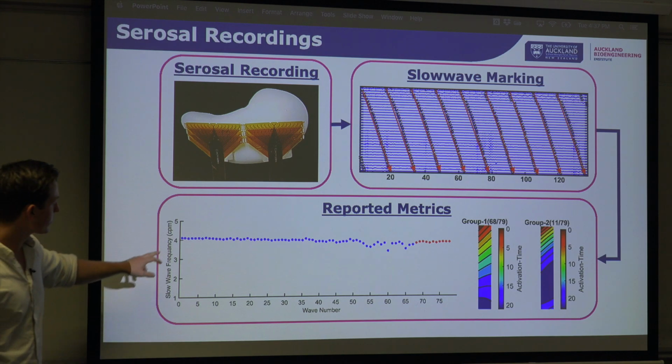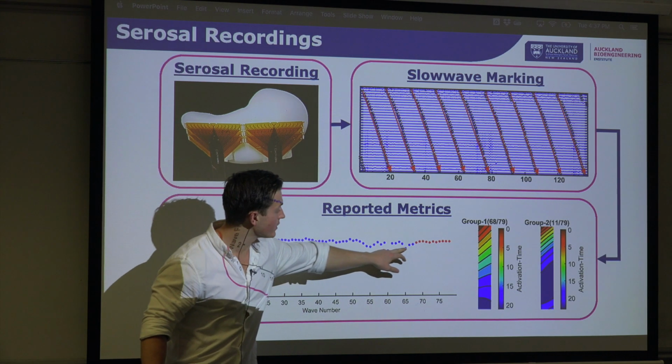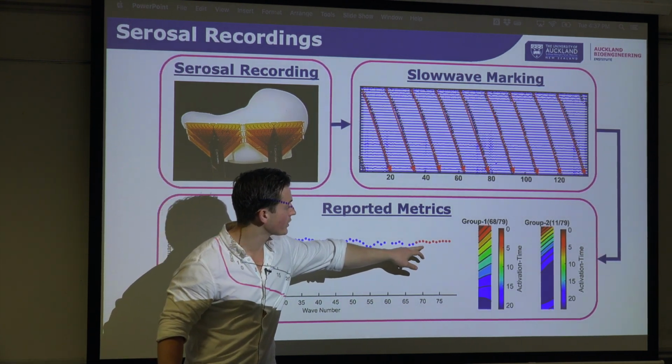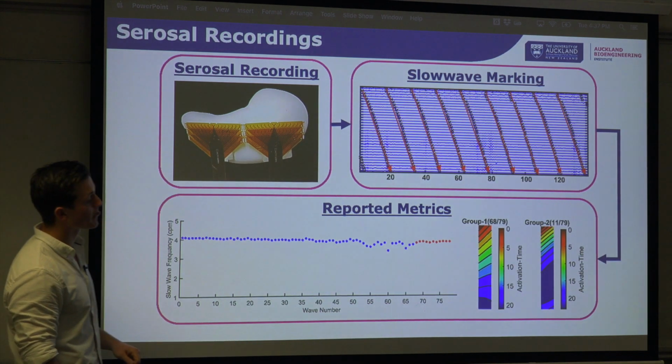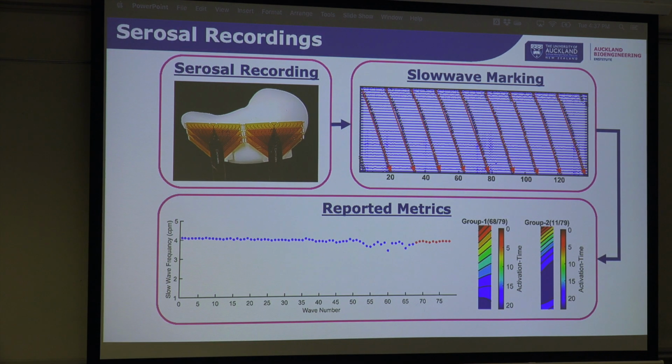So for group 1, it occurred at 68 out of the 79 points, and for group 2, it occurred in 11 out of the 79. Group 1 was normal behavior, with normal propagation going down the electrode array. And in group 2, if you look at the very bottom, you can actually see that there's a retrograde propagation coming back up the array.